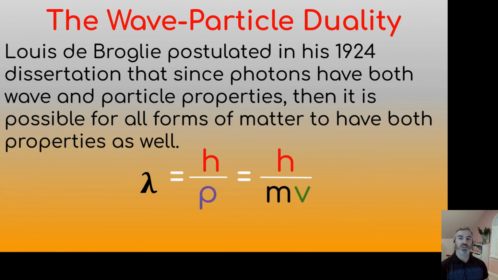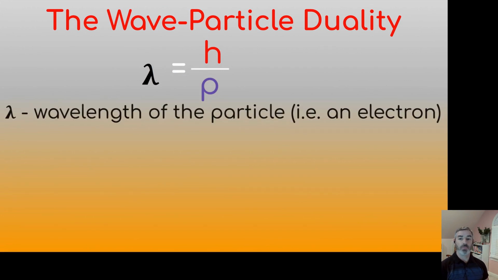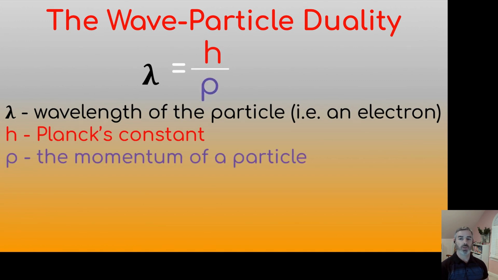So this equation is known as the de Broglie wavelength, where lambda is the wavelength of the particle, for example, an electron. So we're looking really more at subatomic particles for this wavelength. And the h we know is the Planck's constant that we've talked about many times in this modern physics unit. And p is the momentum of the particle, which is just mass times velocity.